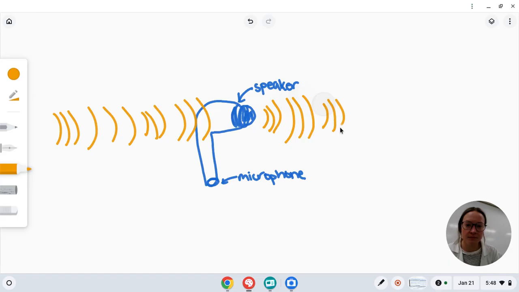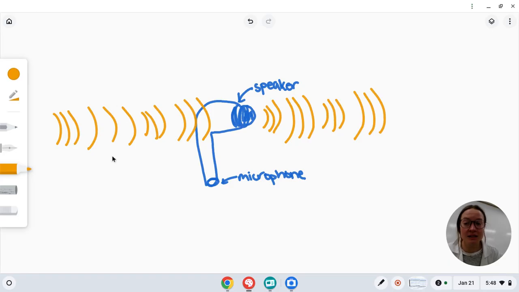Well, here's what happens. When you turn on your noise cancellation, you turn on this little microphone down here. And this little microphone listens to these sounds that are coming in. Then the little microphone tells the speaker, hey, play the exact same sound that's coming in.